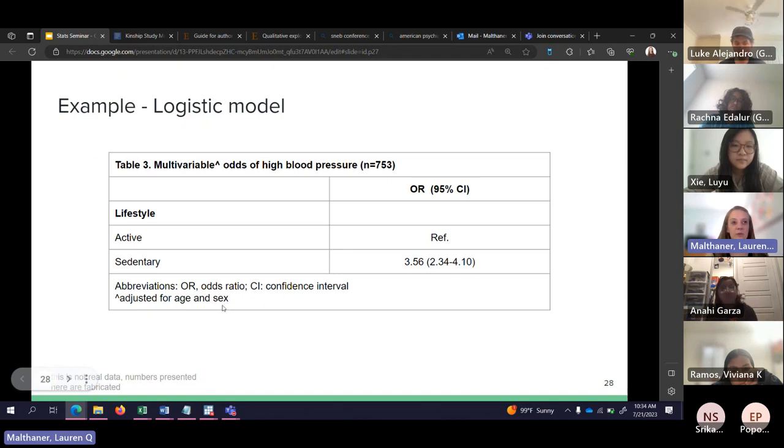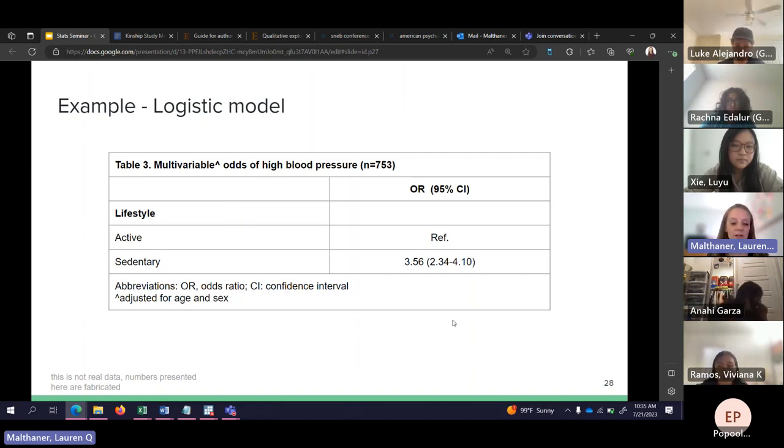Still have the other variables that we're adjusting for. And then the way that I would interpret this result is that those who are sedentary have 3.56 times the odds of high blood pressure with a 95% confidence interval of 2.34 to 4.10 compared to those who have an active lifestyle after adjusting for age and sex.